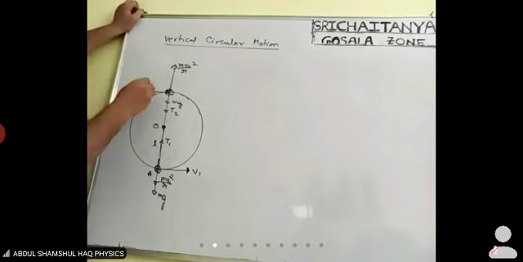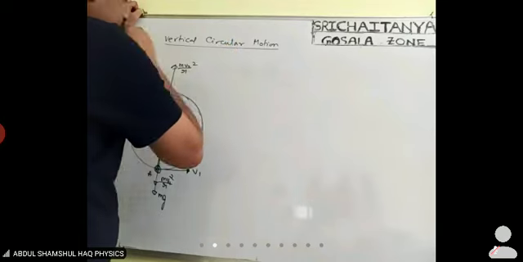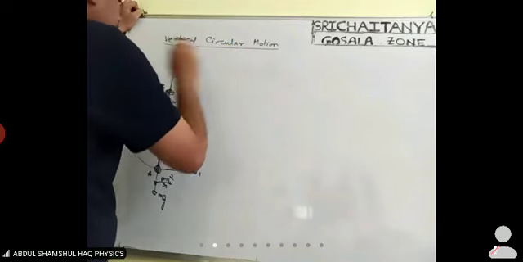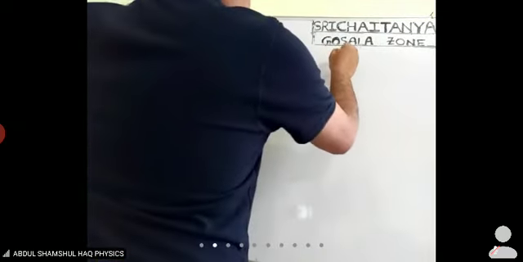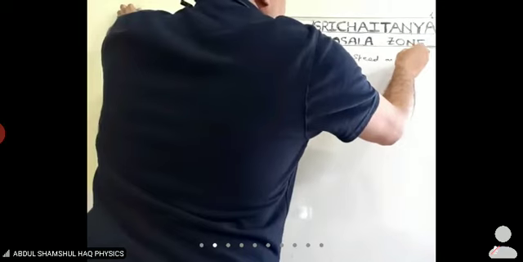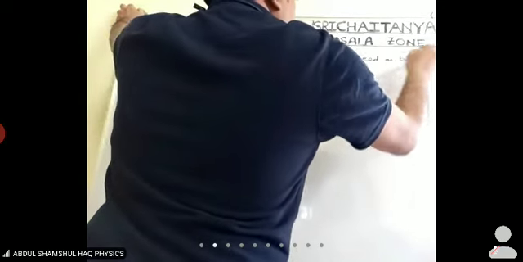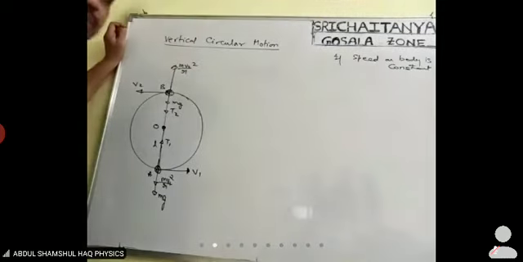Let us say this point is A and this point is B. Suppose the speed of the body is constant everywhere.